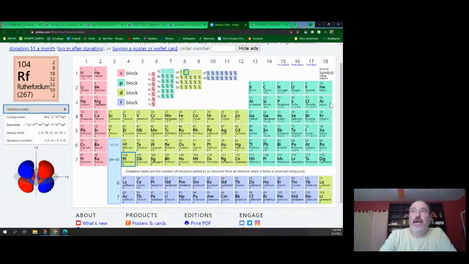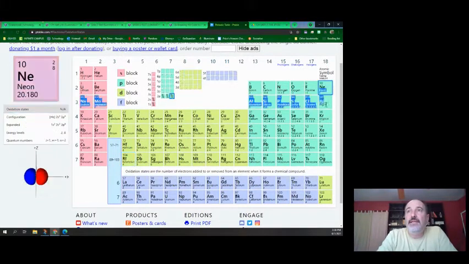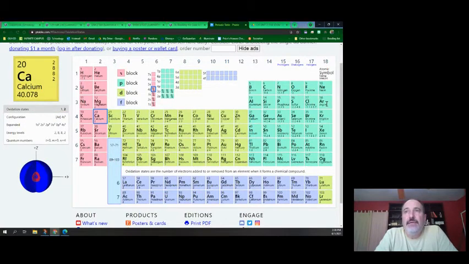Now, an easier way of doing configurations, just so you guys know, is it is assumed that at the end of each row you have these guys right here, at the very right-hand side, these are the noble gases. And what you can do is, let's say you want to do calcium. Calcium, if you notice, the noble gas that is right behind it is argon.